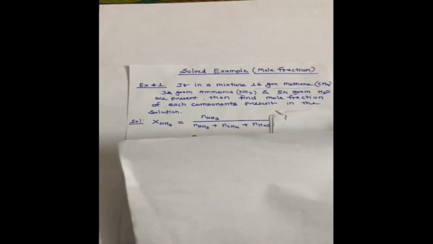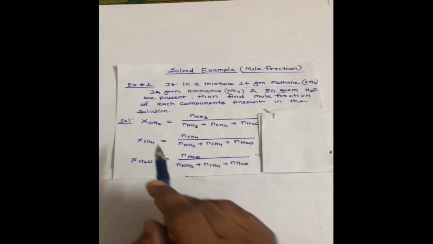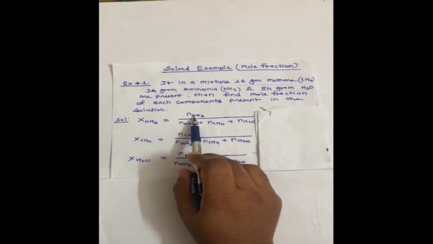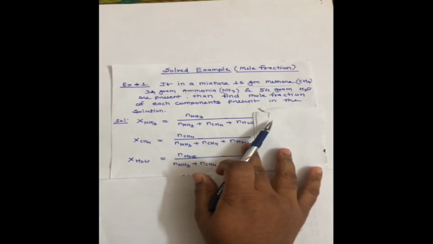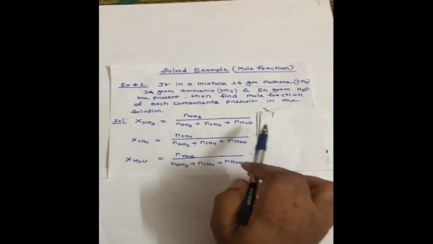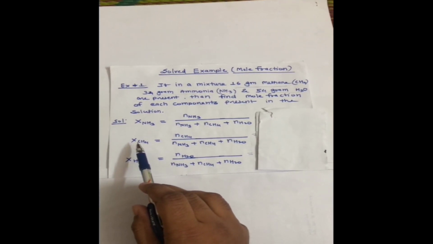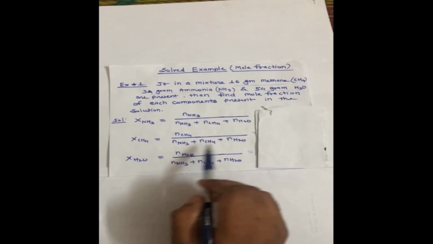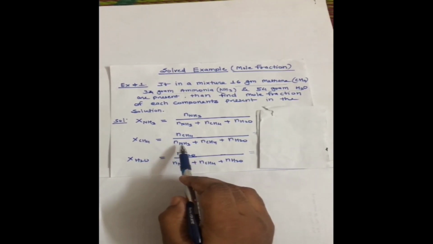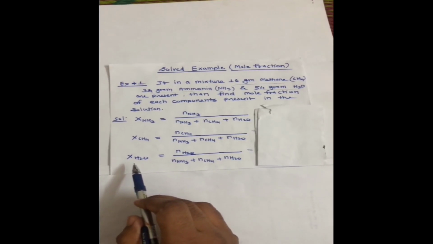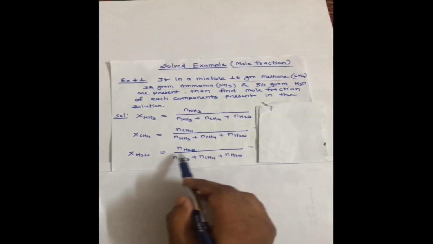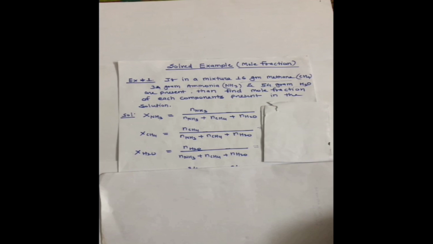So as per the formula, X ammonia, mole fraction of ammonia, equals number of mole of ammonia divided by total mole of all the components. Next, mole fraction of methane is number of mole of CH4 divided by total mole of all the components. Similarly, for mole fraction of H2O, that is number of mole of H2O divided by total mole of all the components which are present in the solution.